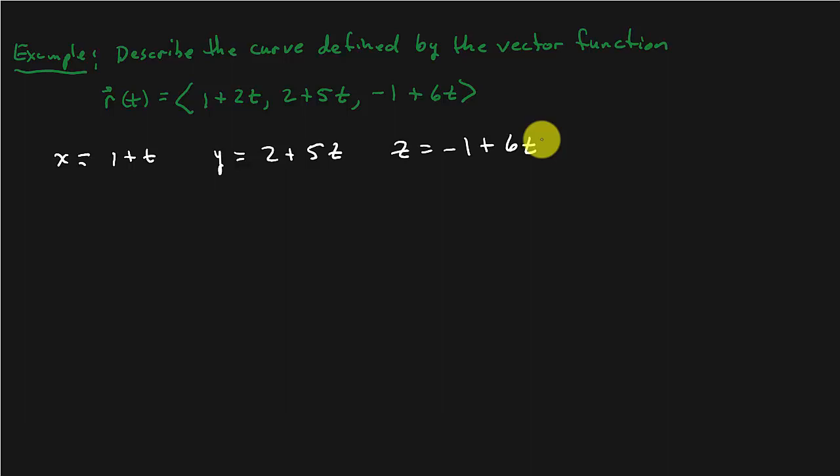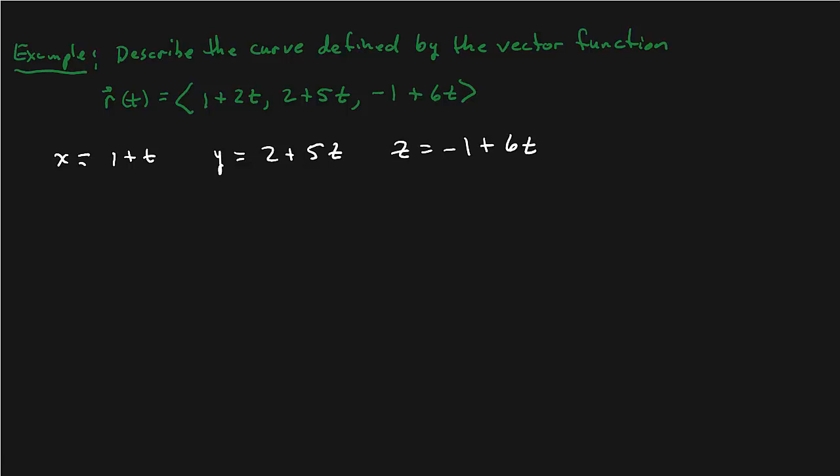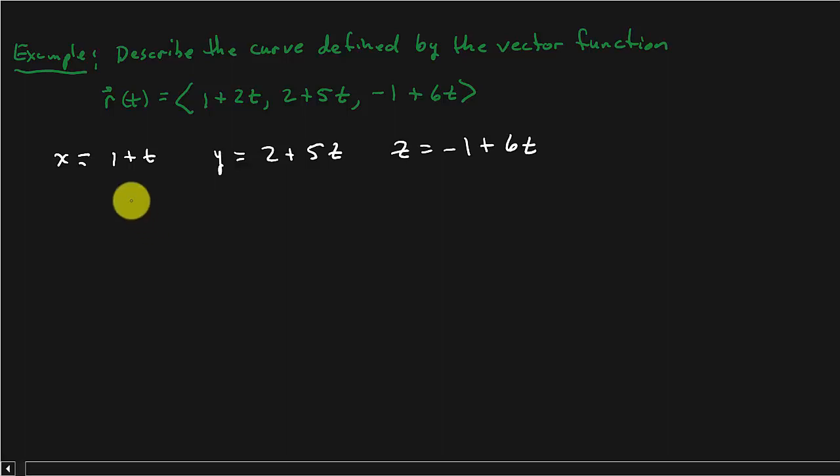Well, if you refer back to earlier sections, and I'm not going to state the section number, because not everybody's using the same book as I'm using, it's the section on lines and planes. And hopefully you recognize this as being a line.